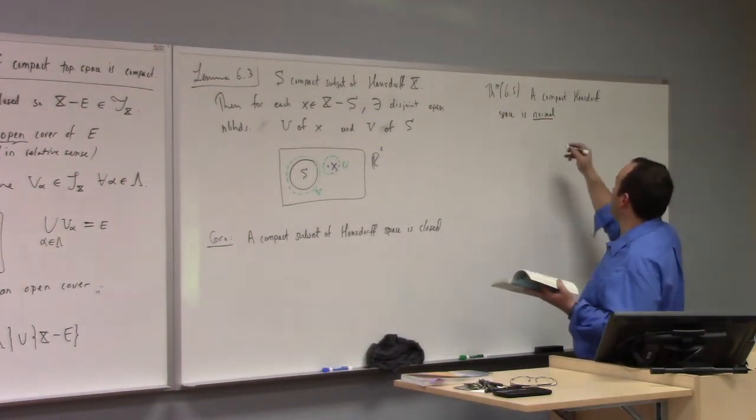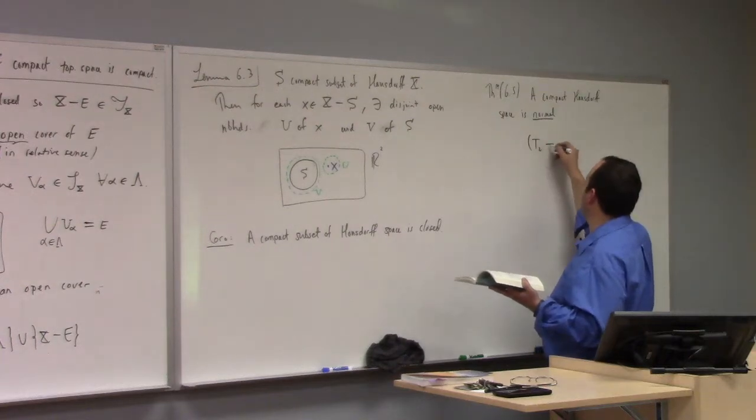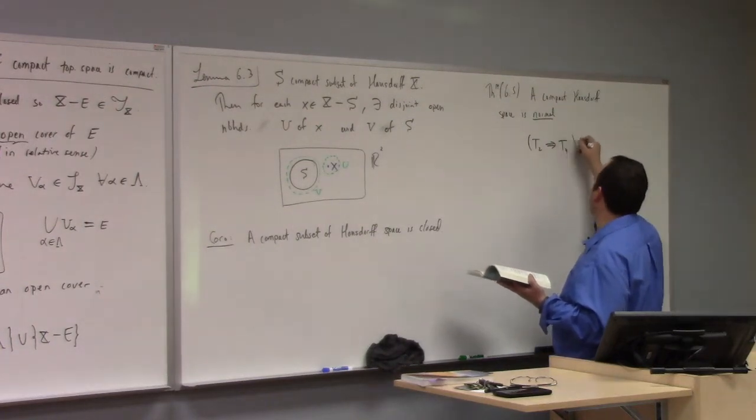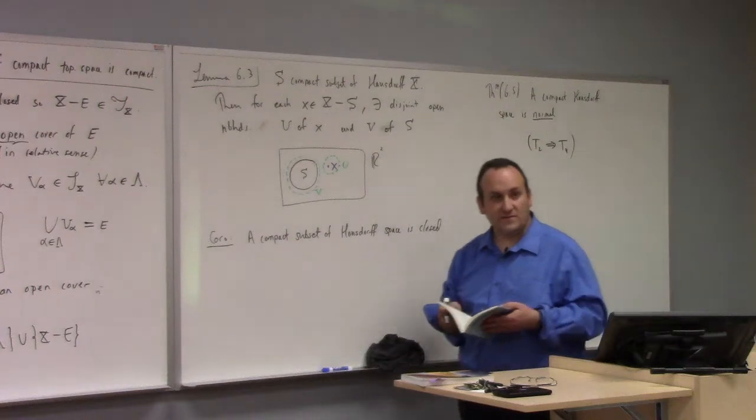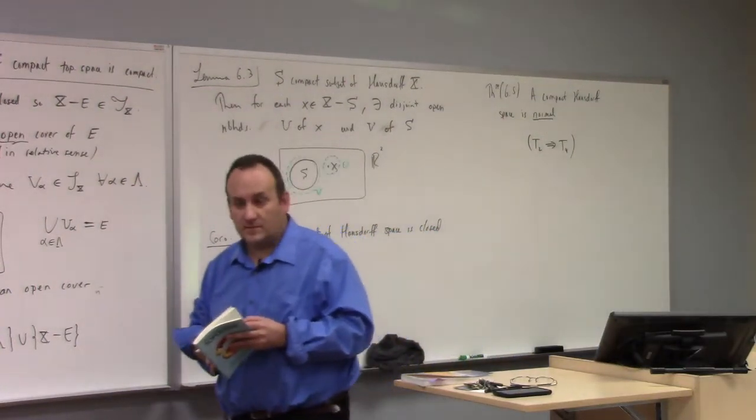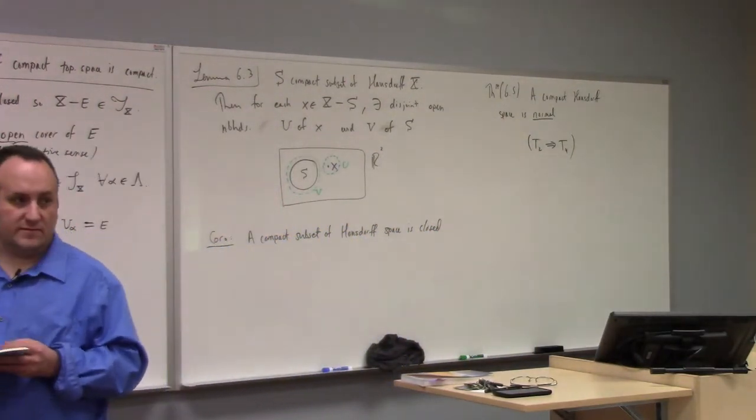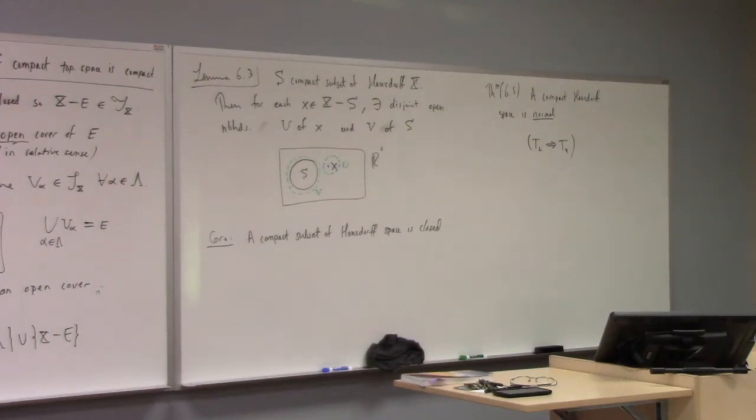In other words, T2 implies T4 in the presence of compactness. So if you want to distinguish between the T3 versus T4 versus T2, you're going to have a really hard time if you try to use Hausdorff examples to see the distinction.